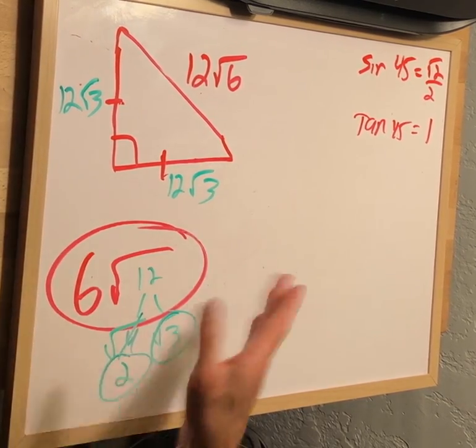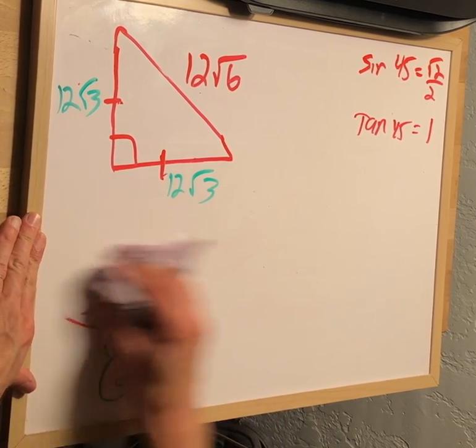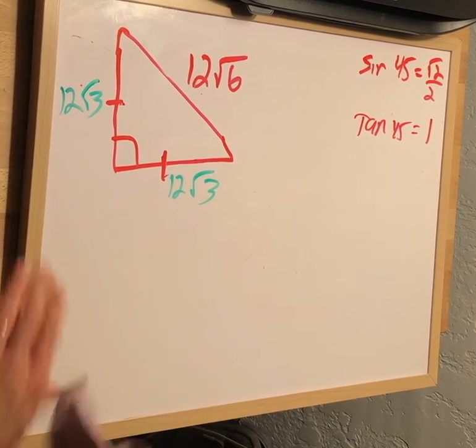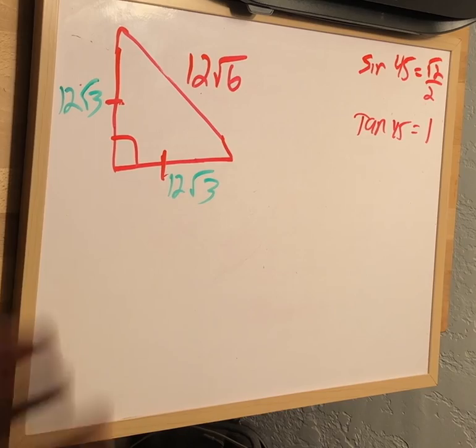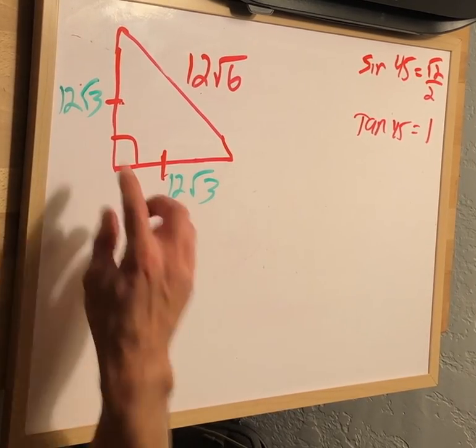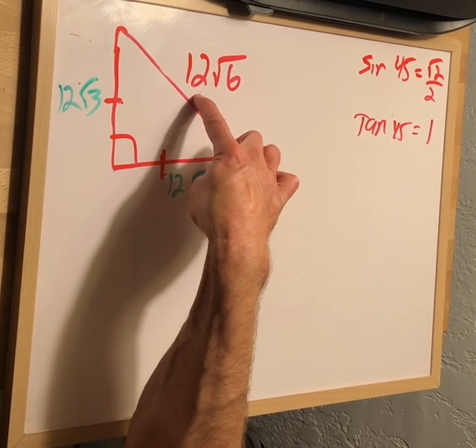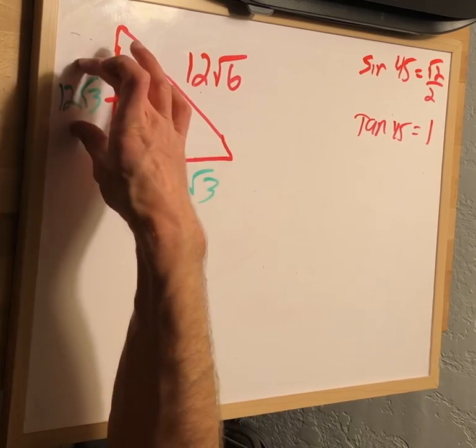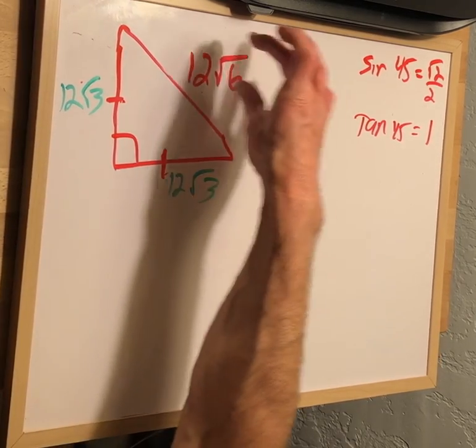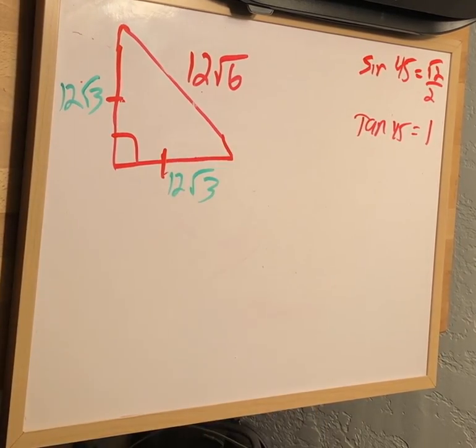All right, let's see if this still works with the pattern. You should always simplify the root from here on out. x root 2. So 12 root 3 times root 2 gives you 12 root 6. All right, pattern works out.